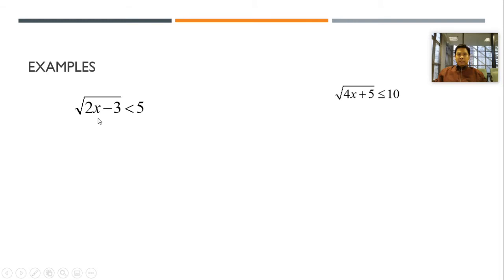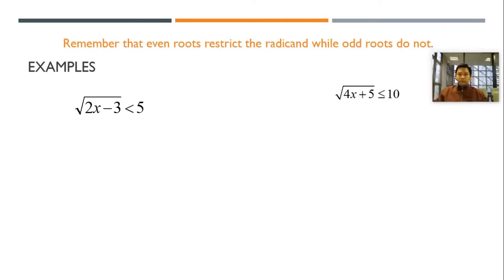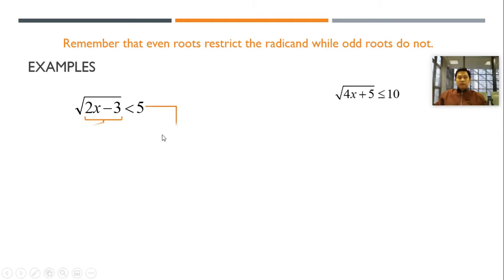So remember the restriction. In this case, 2x minus 3 under square root is less than 5. So how is this solved? Now, we'll have to look at it as two inequalities.